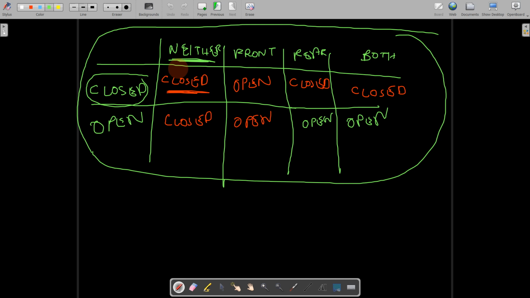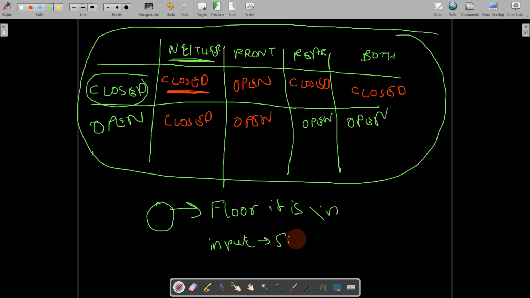Another example of a finite state automata would be an elevator controller. In an elevator controller, the states might be the floors. The floors it is on are the states, and the input would be the signal sent by pressing the elevator button.